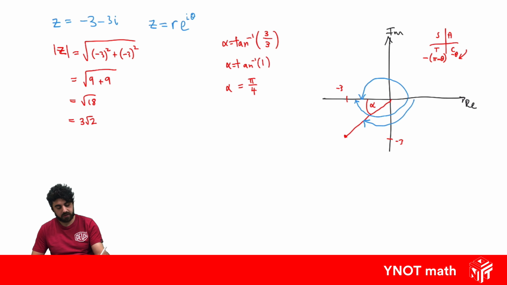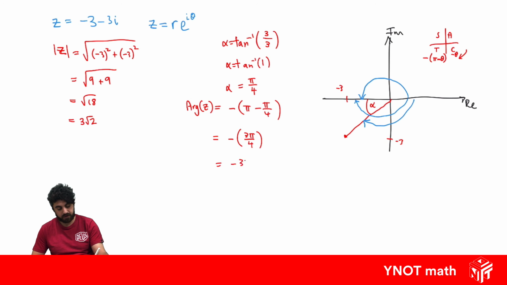So the argument of z is going to be minus pi plus pi on 4, which is minus 3 pi on 4.